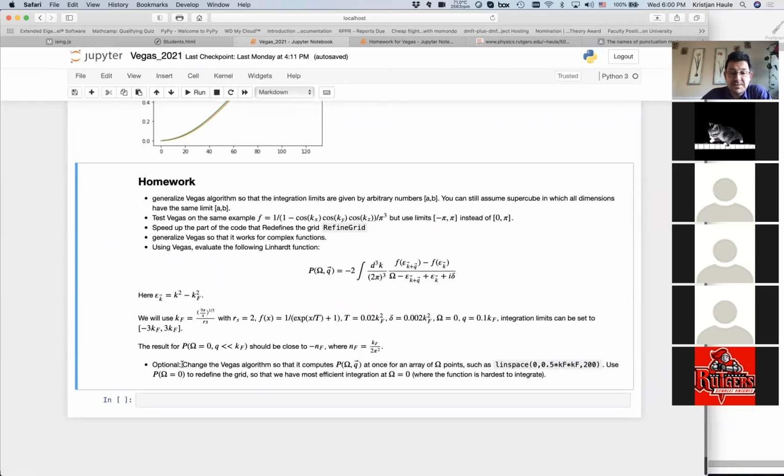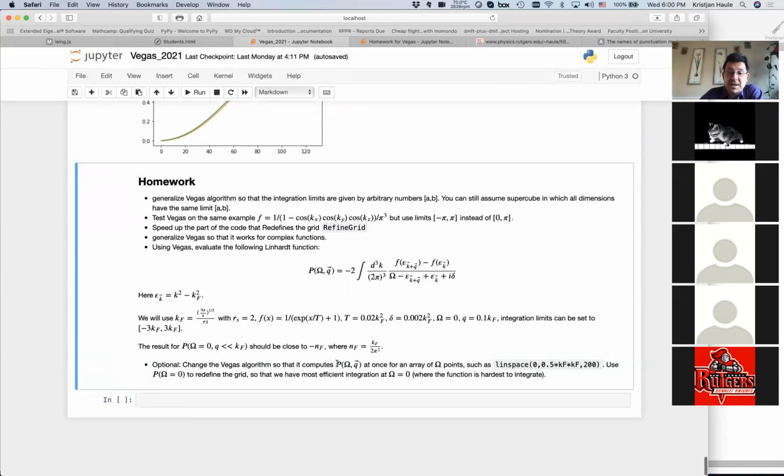So the idea is that we change the Vegas algorithm so it computes not only the polarization for one value of omega and one q, like the normal Vegas does, but, the advantage being that we are developers of the Vegas algorithm, we can tweak the algorithm in such a way that it works for lots of omegas, as many omegas as you want. That's the big advantage of having your own Vegas algorithm, or being the developer that knows how to change the algorithm.